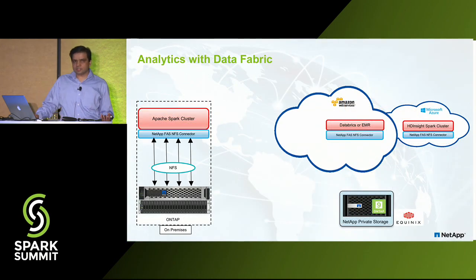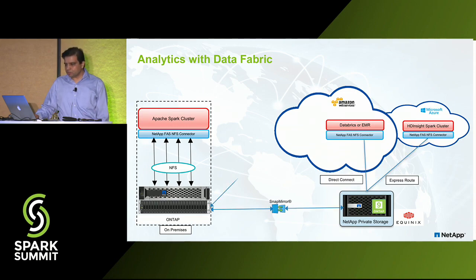So these two things, the hybrid cloud architecture and in-place analytics, together enable a data fabric or hybrid cloud model for analytics. As you can see on the left, you can use the NFS connector or the in-place analytics for running your analytics on premises. Or you can consume analytics services in the cloud, like Databricks or Amazon's EMR.